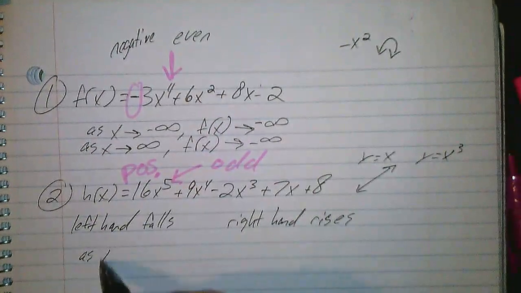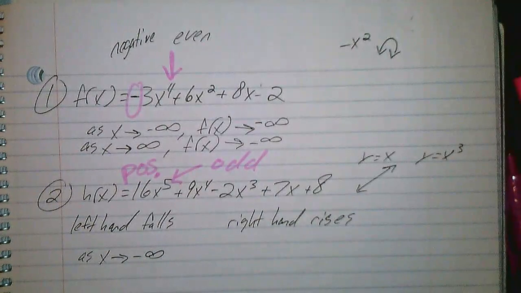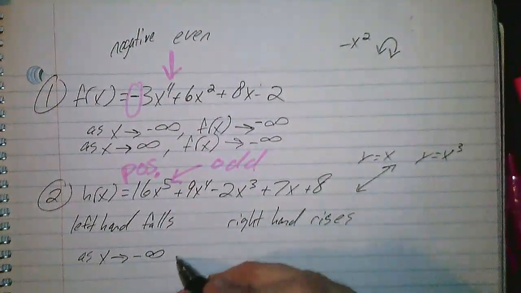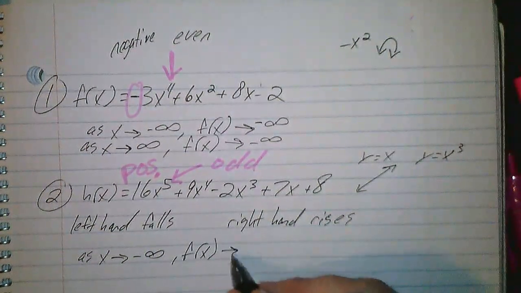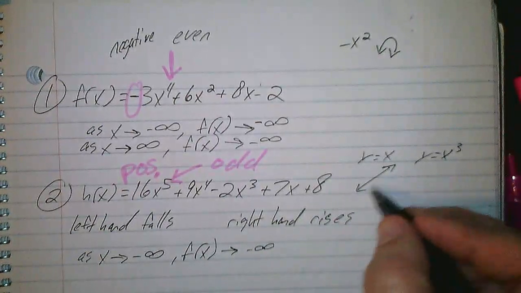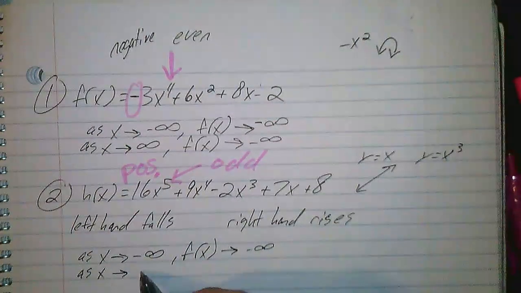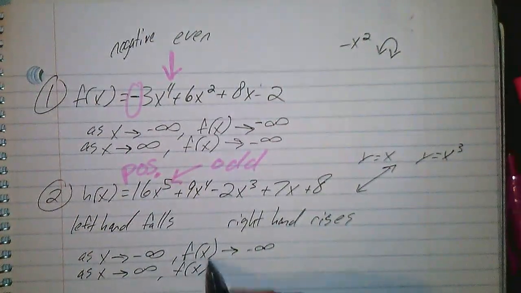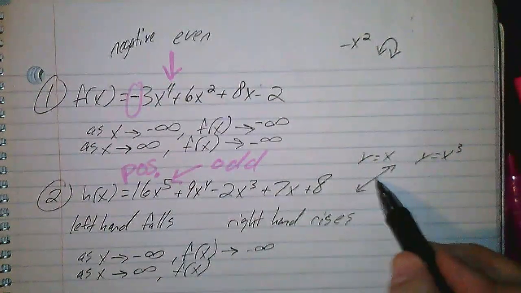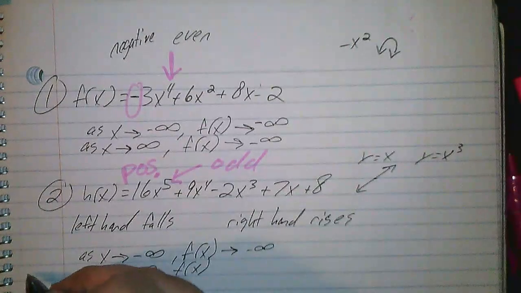Or, this is getting tedious to write down. As x approaches negative infinity, y, or f of x, approaches negative infinity because it's going down on the left hand. And as x approaches positive infinity, the right hand, that's the positive, if you want to think about it that way.